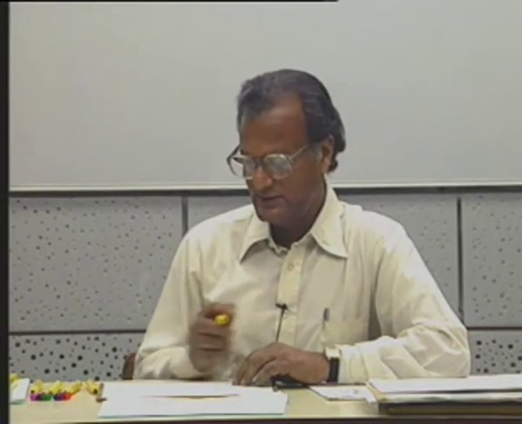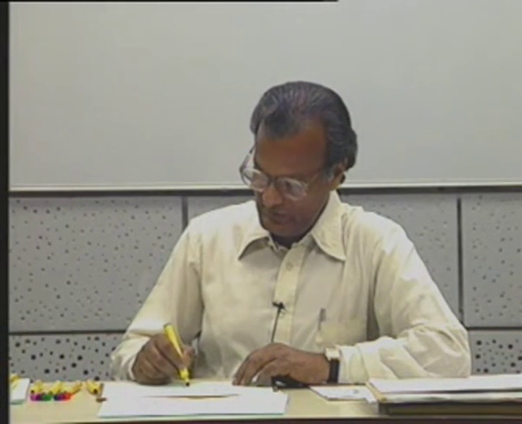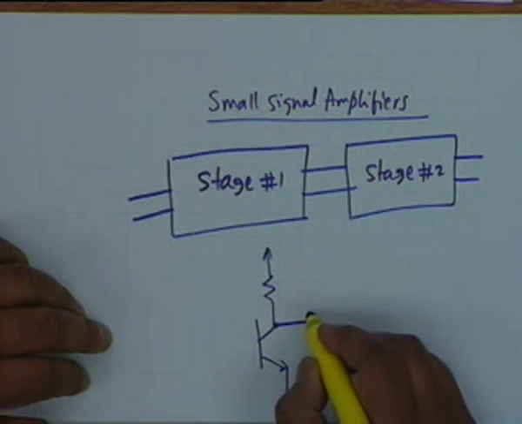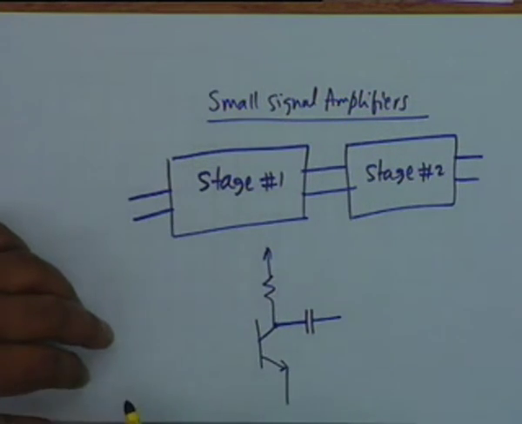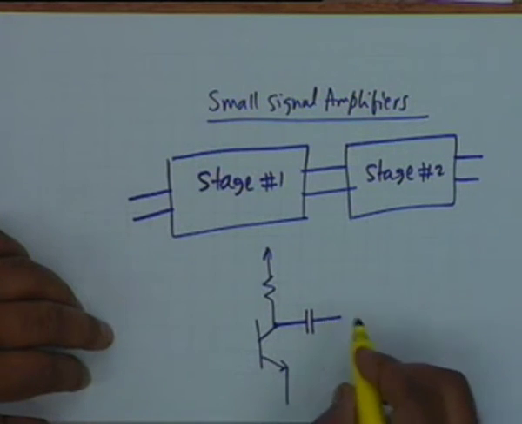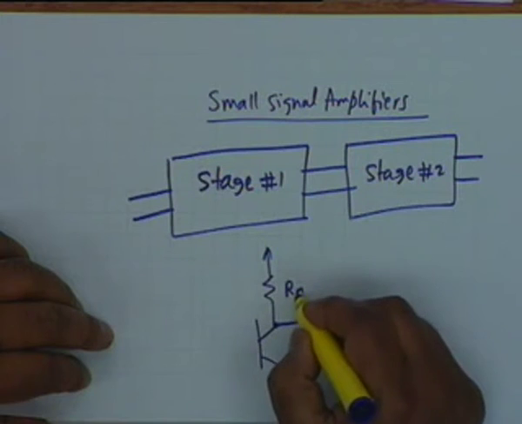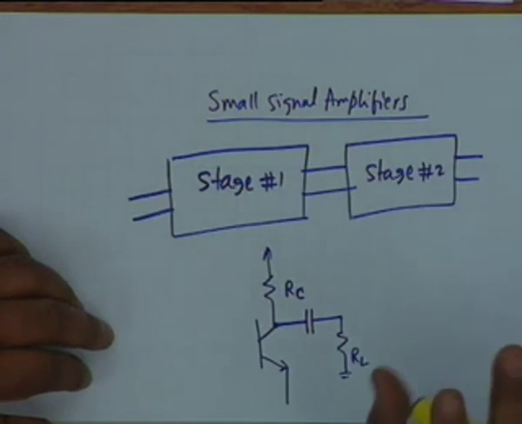It could be stage 1 to stage 2 or stage 1 to the load, for example. Usually the load is to be decoupled from DC, and therefore you use a capacitor and then the load. Maybe this is RL and this is RC. Stage 2 can be simply the load or can be another stage of amplifier.